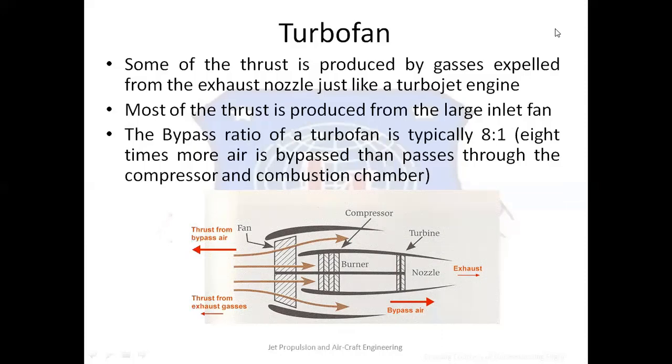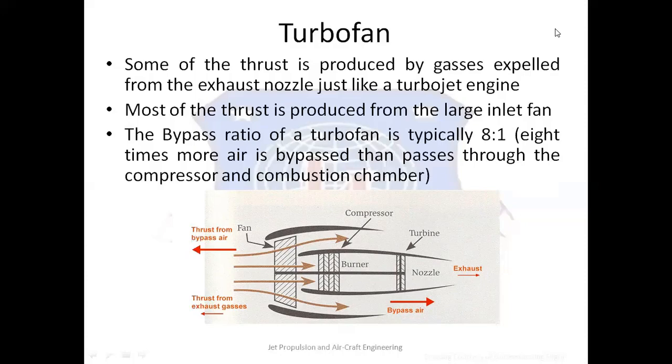Here you can see the fan which is attached into the front side of the compressor, and through the fan the air is pushed into the backward directions, where almost the bypass ratio is considered as 8:1. So a large amount of air would go surrounding the engine, while a small amount of air enters into the engine.